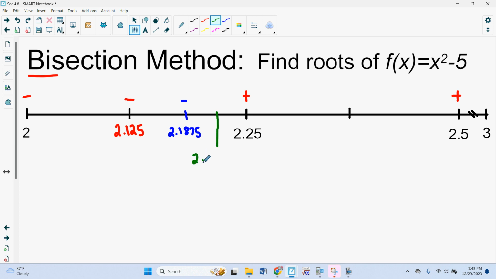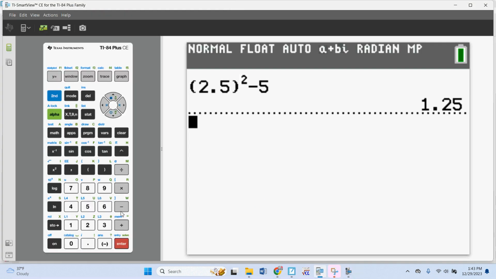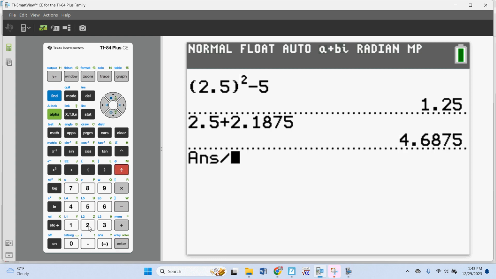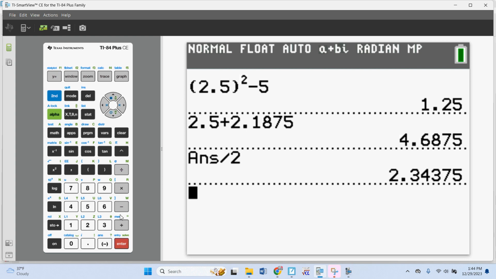Now, between the negative and the positive, if I go in the middle here, I get 2.21875. And just to reiterate what I'm doing here, I am taking 2.5 plus 2.1875, and dividing that by 2. And I did not get what I should have gotten.